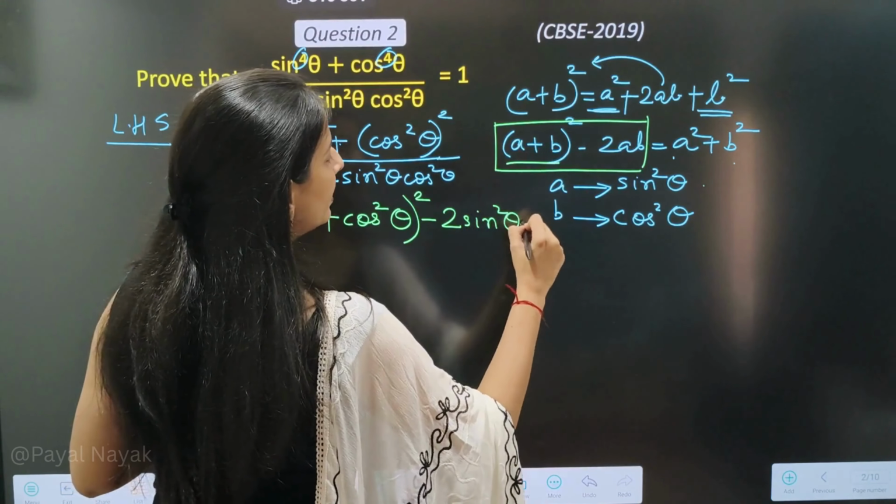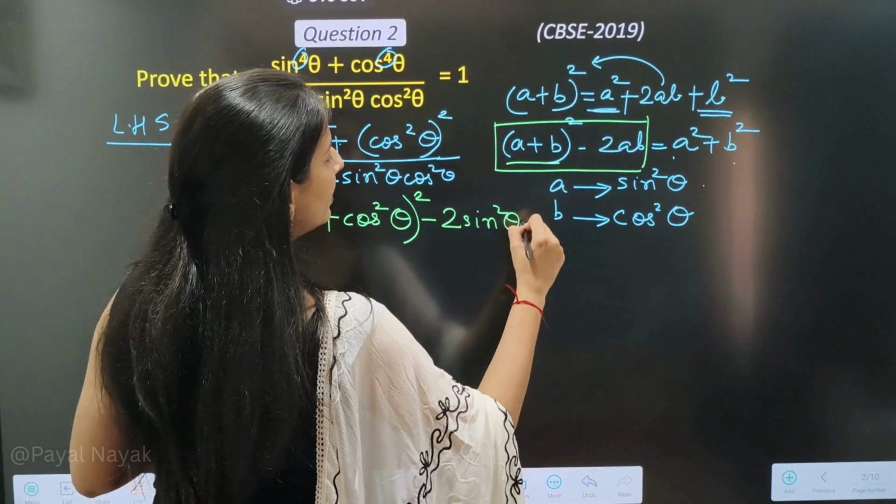Now here, this is the identity that you have studied. So what is the identity? It is nothing but 1. 1 square is nothing but 1 minus 2 sine square theta into cos square theta, the whole upon 1 minus 2 sine square theta into cos square theta. Okay, now just observe.